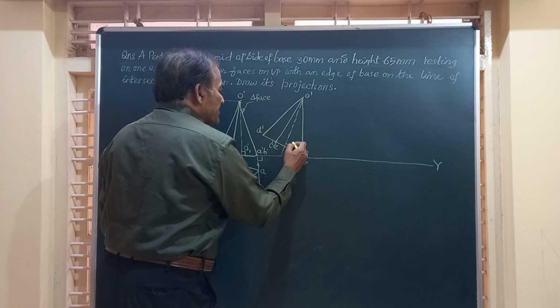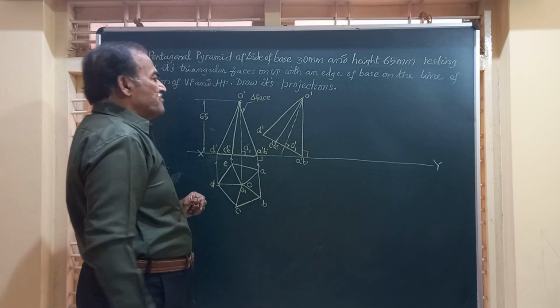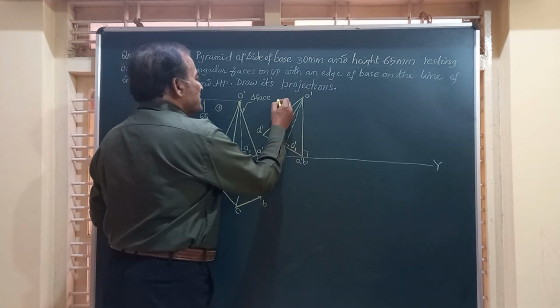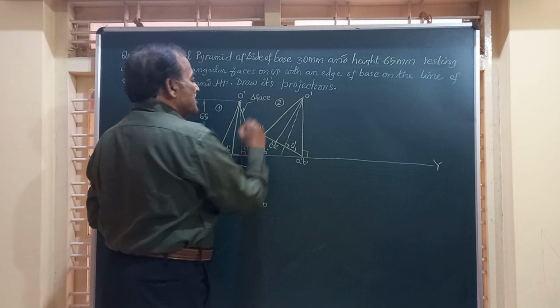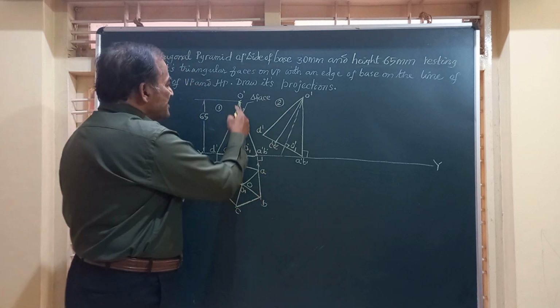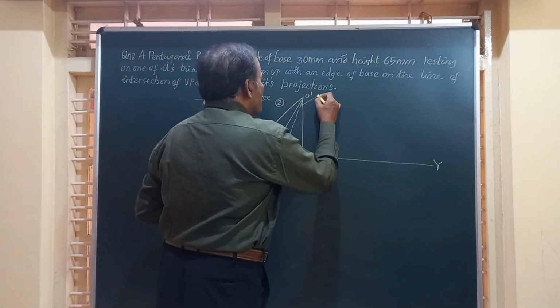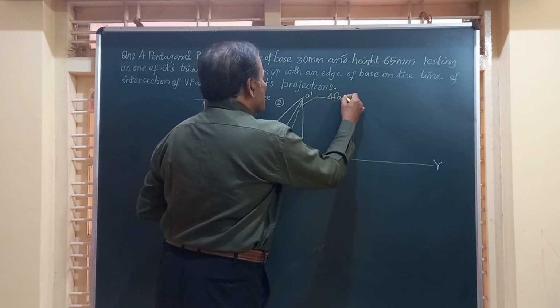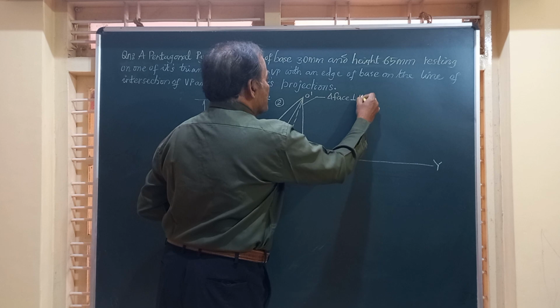So this is perpendicular, and this point is going to be O1 dash. Friends, figure number 1 is redrawn as figure number 2 with the same dimension by making this triangular face perpendicular to HP.